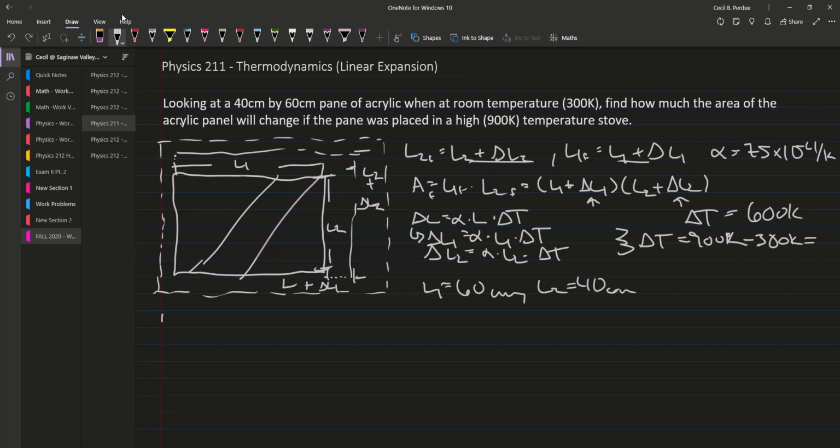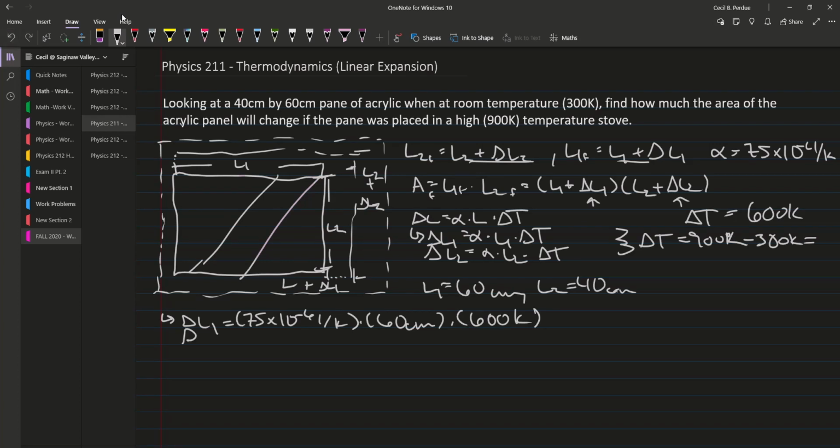So, the change in L1 is going to be equal to alpha, which we know is 75 times 10 to the negative 6, 1 over Kelvin, times L1, which we know now for sure is 60 centimeters, times the change in temperature, which is 600 Kelvin.